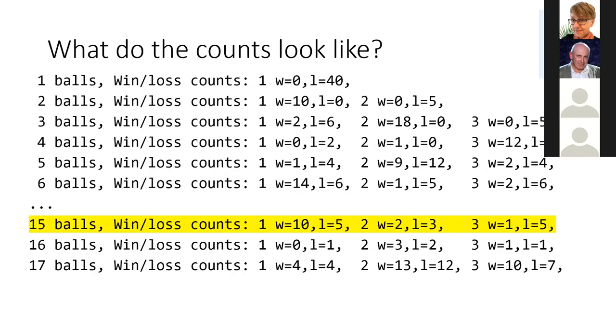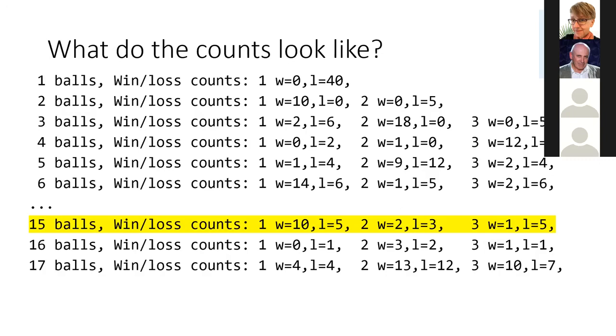So let's look at the raw data that we're working with. This is the output from running the strategy playing against itself 50 times. And in this, I've highlighted the line. These are the games where we actually got to the stage where we had 15 balls left.